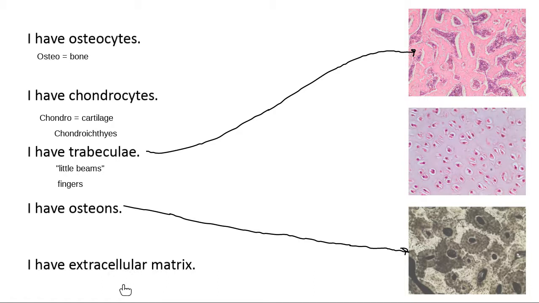When we say extracellular matrix, what does extracellular mean? Extracellular means that we're outside.